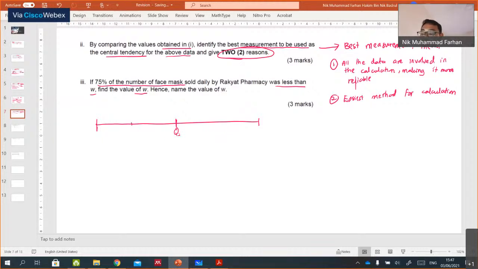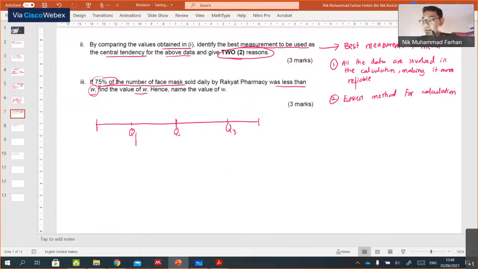So this one is Q1, and this one is Q3. It says 75% of the number of face masks is less than W. Where is W? Let's say it is here.